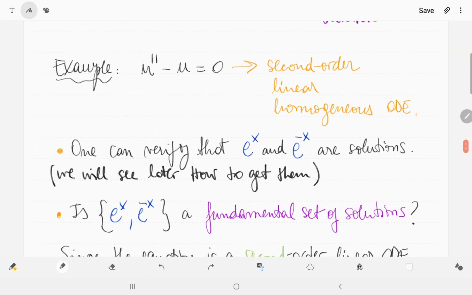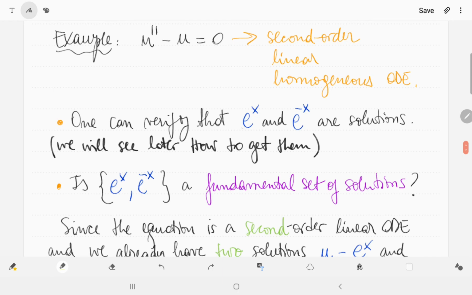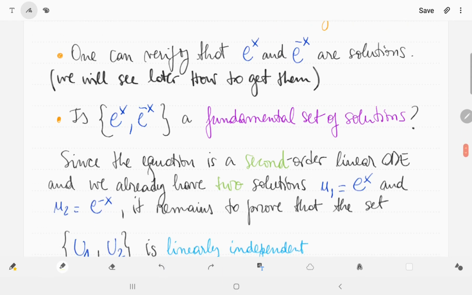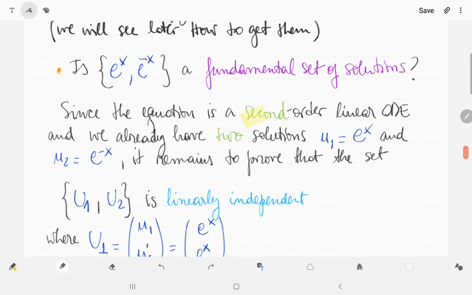So going back to the example, we have for our second order ODE two solutions. Here we call U1 this one, e^x, and U2, e^(-x).